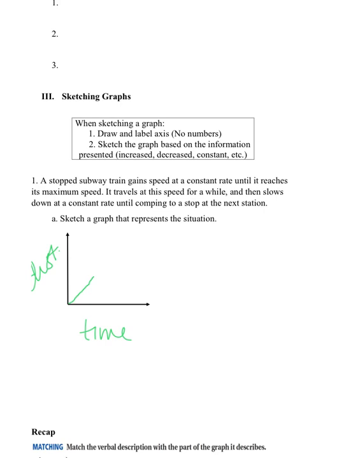I should have this as speed versus time. Its speed is increasing at this constant rate, and then it hits that maximum speed. It stays there for a little while, and then it slows down at a constant rate. So you can see we can sketch a graph without any values and just see what it looks like.